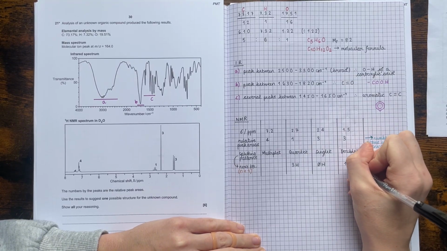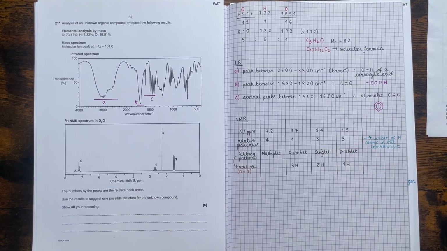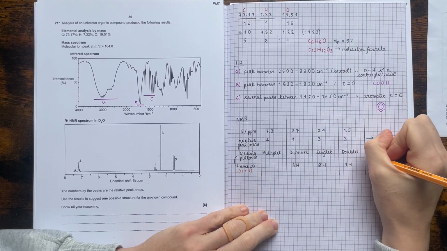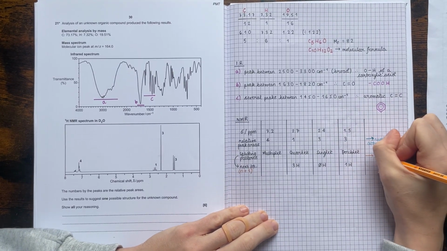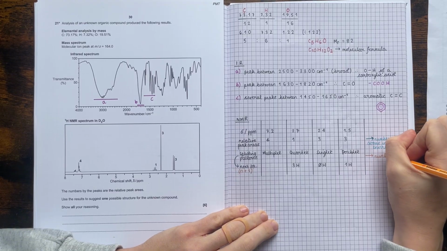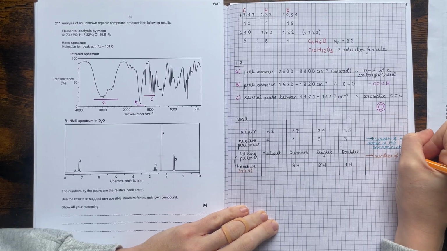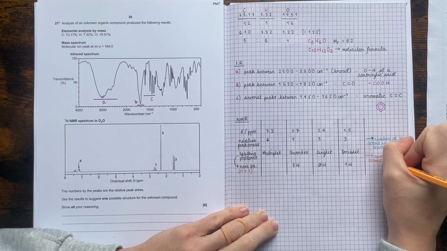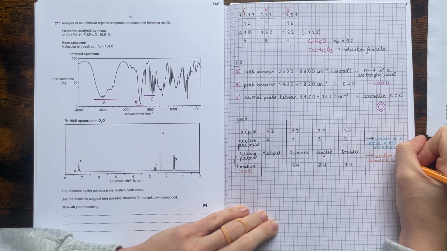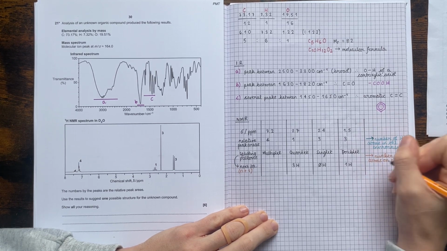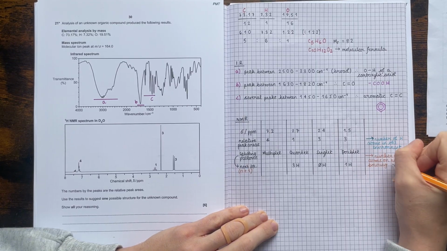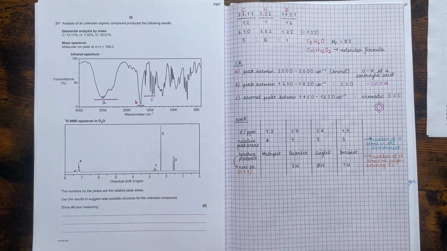So there is 1 hydrogen next door to the hydrogens in that environment. So splitting patterns tell us the number of H's on neighbouring carbons.